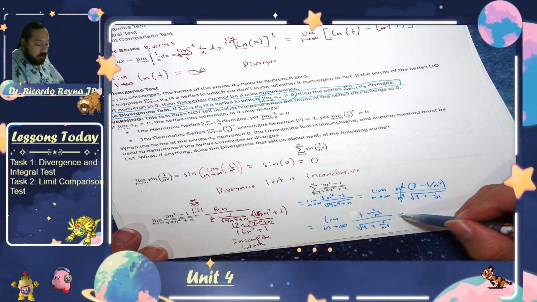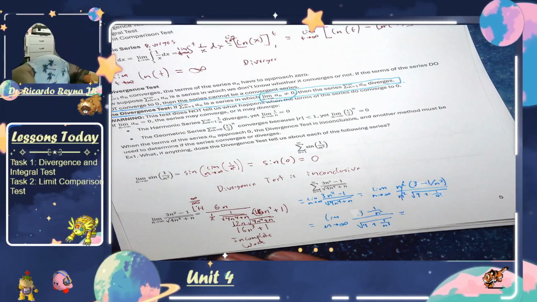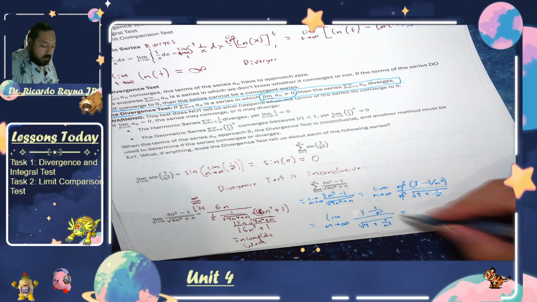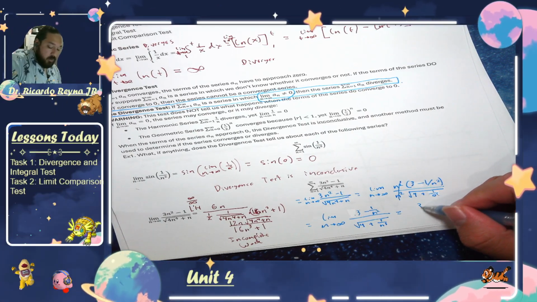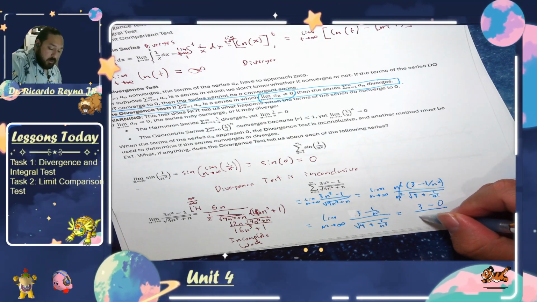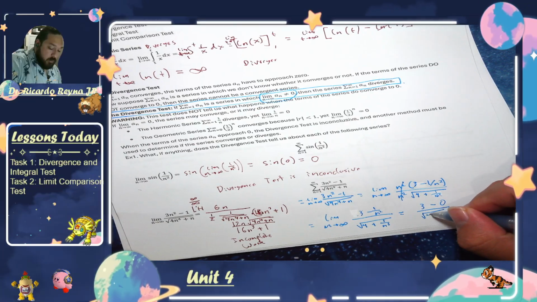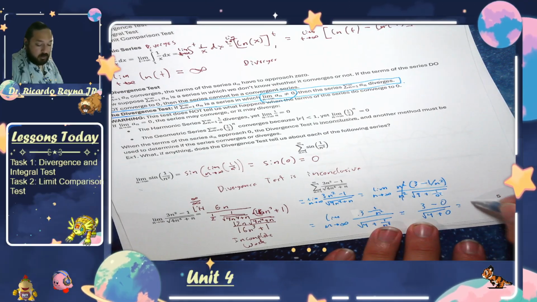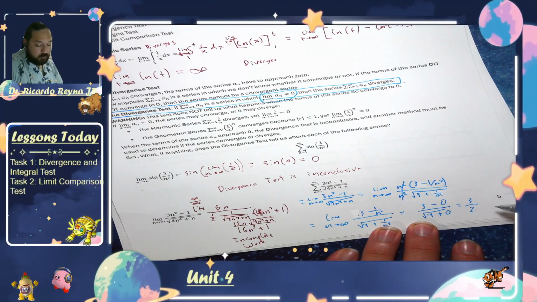Then from there, you can move your limits piecewise, and you can go inside the square root, and you can see that the top would just be 3 minus 0, and the bottom would just be the square root of 4 plus 0. That's going to be 3 over 2.